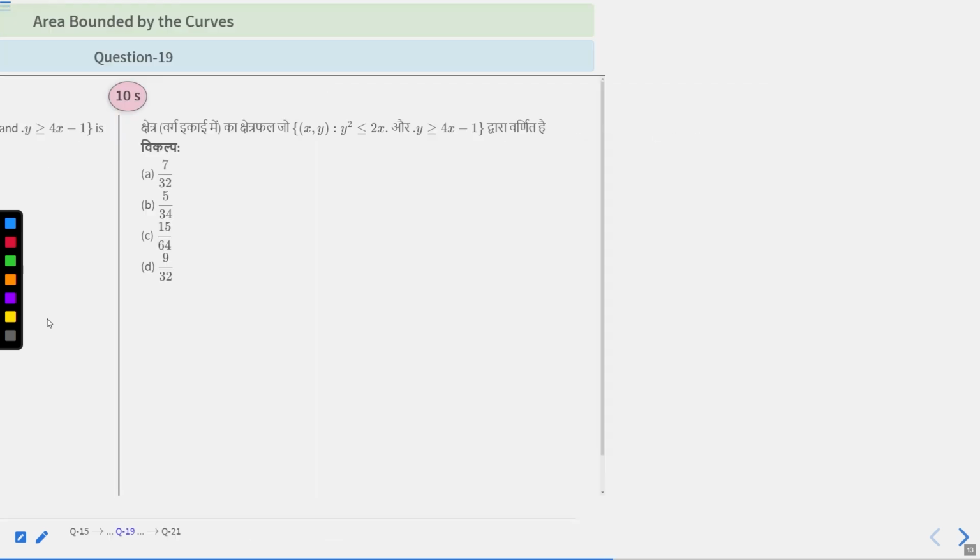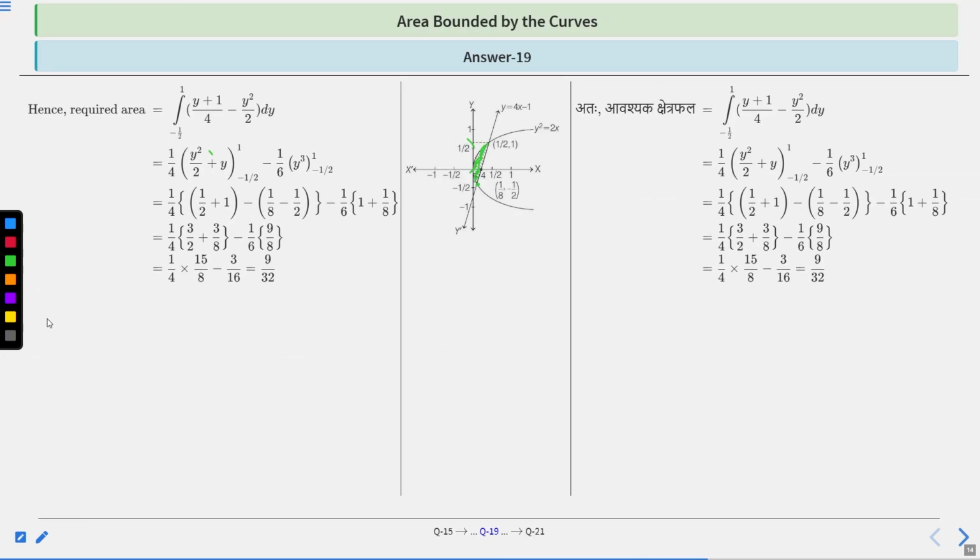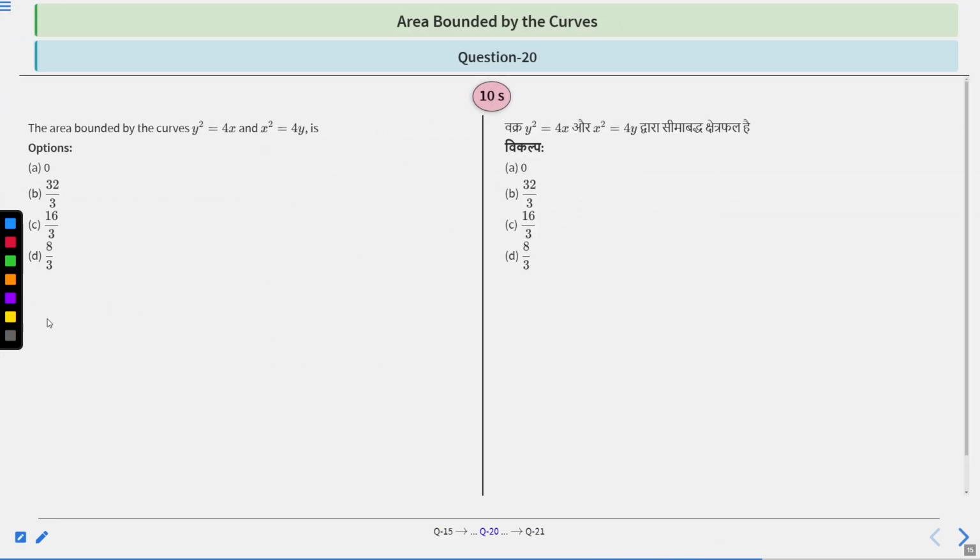Okay. Let's move to the next question. Question number 20, which says the area bounded by the curves y square is equal to 4x and x square is equal to 4y is. So see, again, the hint of this question is we will draw the graph of two parabolas. It is easy to draw the graph of these two parabolas, and we will find the points of intersection.